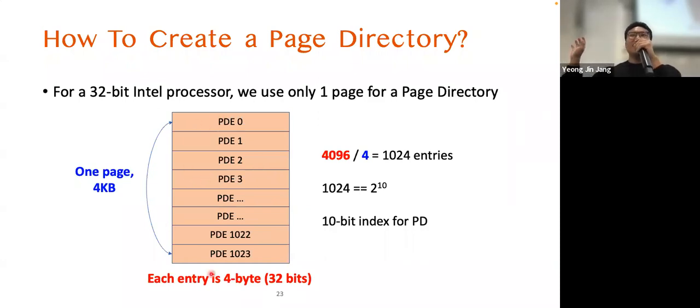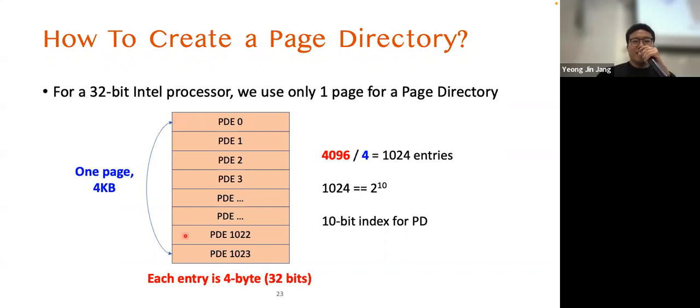Let's make everything simple: we will manage the entire memory at page granularity, and to manage that, we will use some structures, and each structure is also one page. Because one page of memory is 4 kilobytes, and we are using a 32-bit computer for JOS, each entry will be 32 bits. That means each entry is 4 bytes.